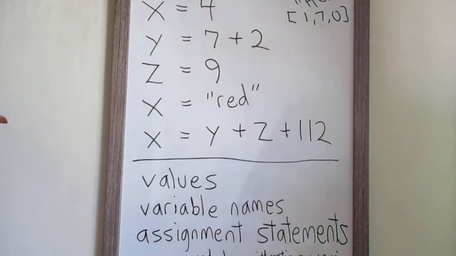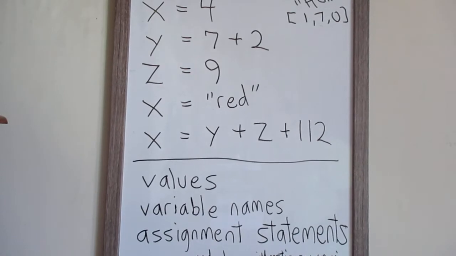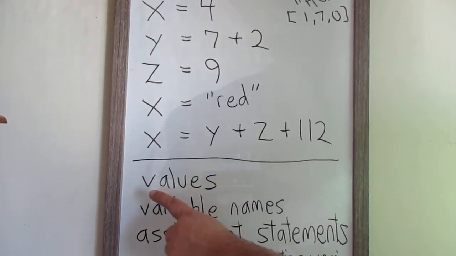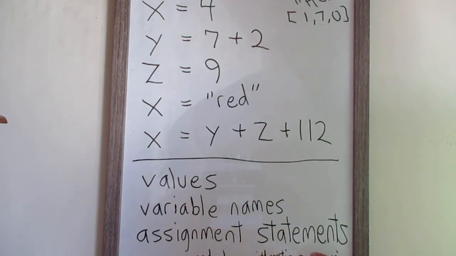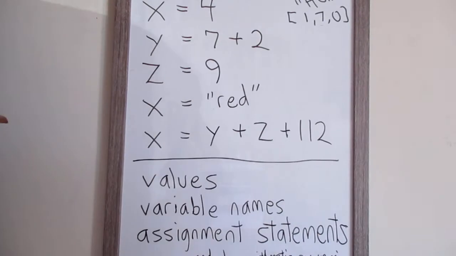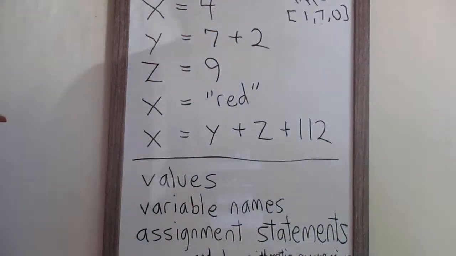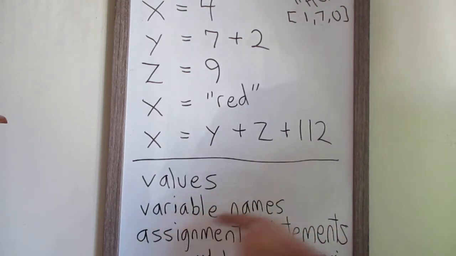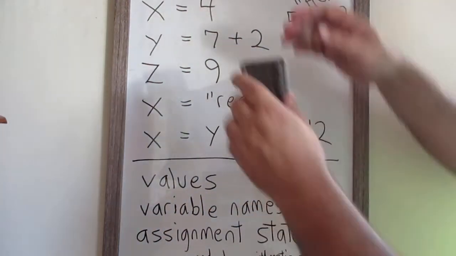Okay, so in Introduction to Computer Science, we have values, variable names, and assignment statements.